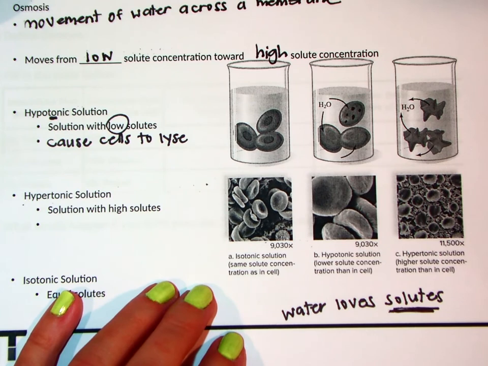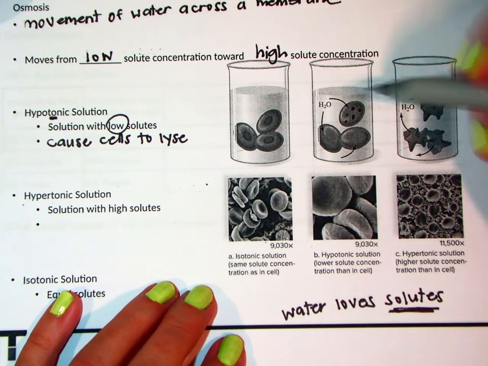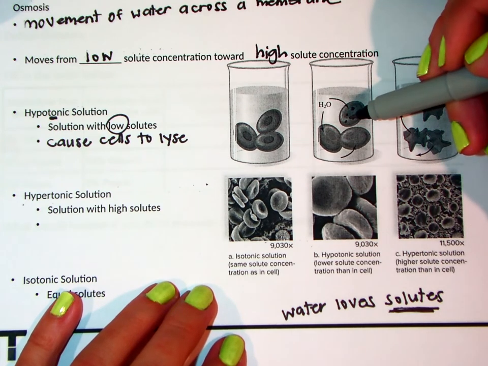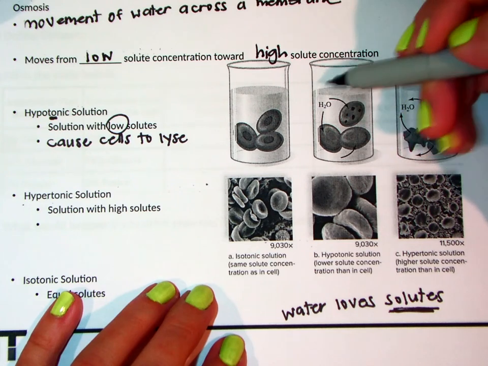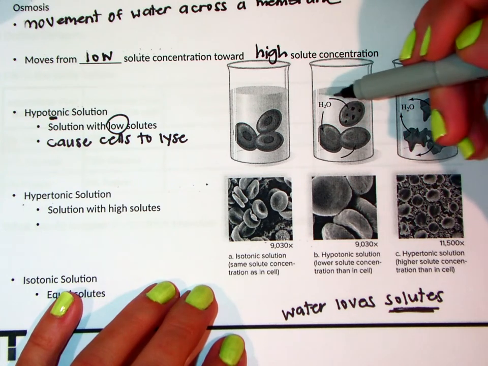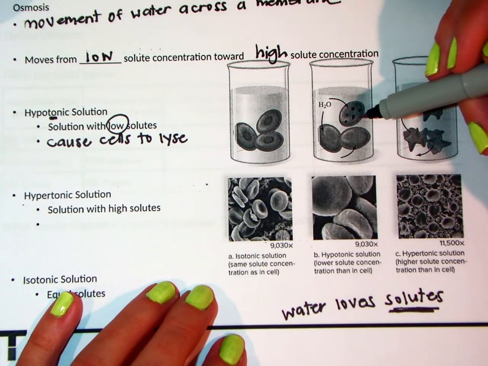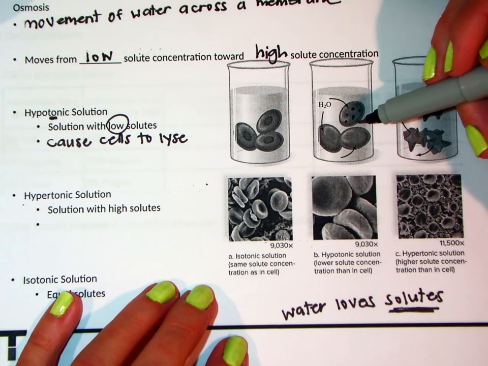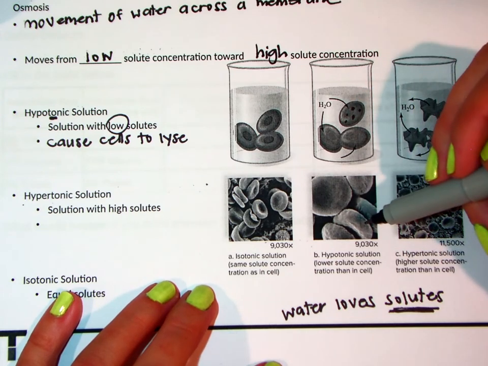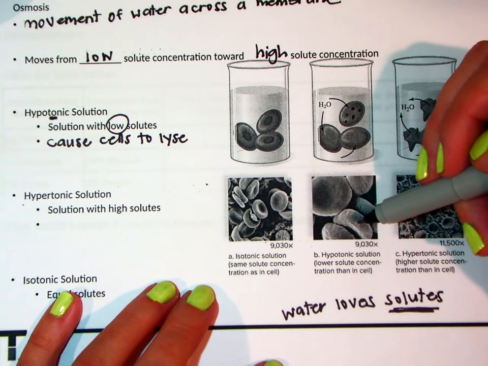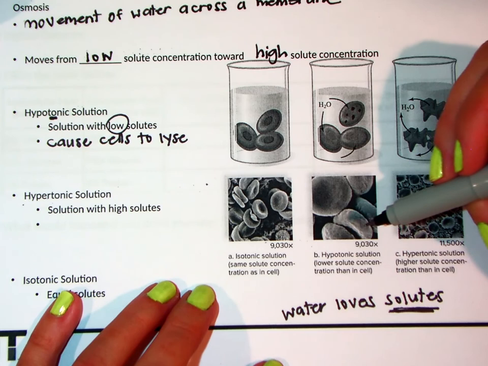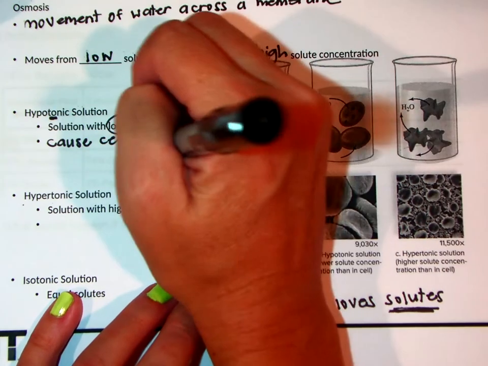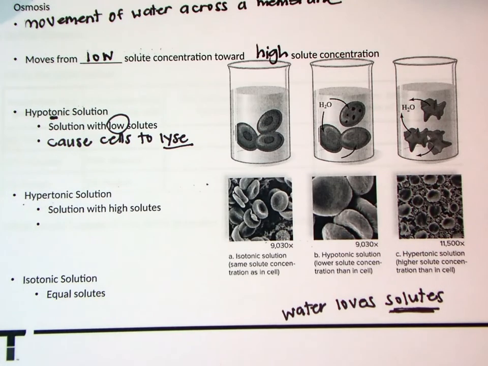It's going to try to go to wherever the solutes are. So if your cells have more solutes than the solution they're in, water is going to try to get to those solutes and go inside of the cell. And here you can see in this microscopic image, they can swell and possibly burst. And is that a good thing if your cells are lysing? I'm going to say no.